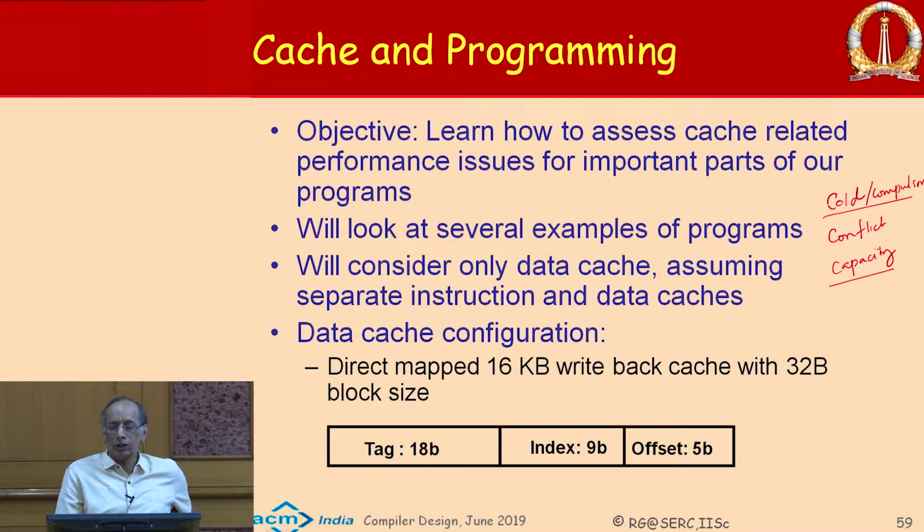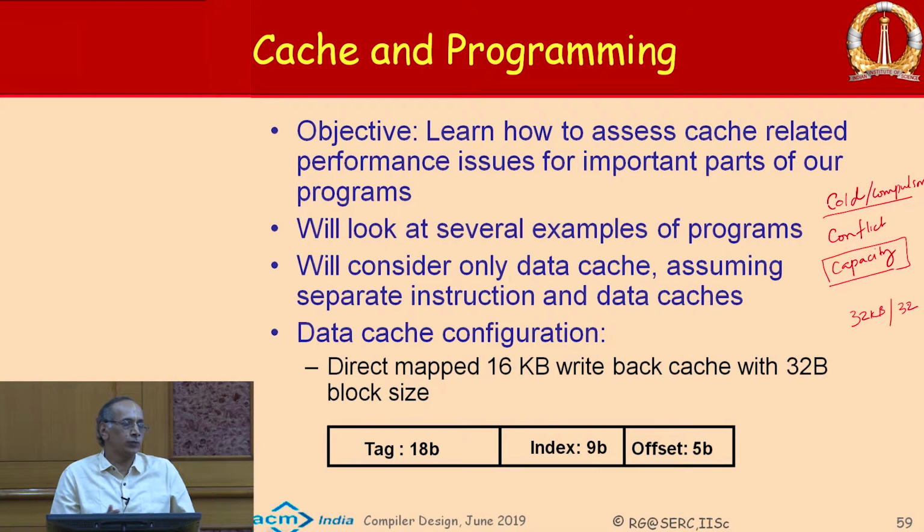Another way of explaining the capacity misses: supposing you have a 32 kilobyte cache with block size 32, then this will have 1K blocks. Those 1K blocks can hold at most 1K of locations.